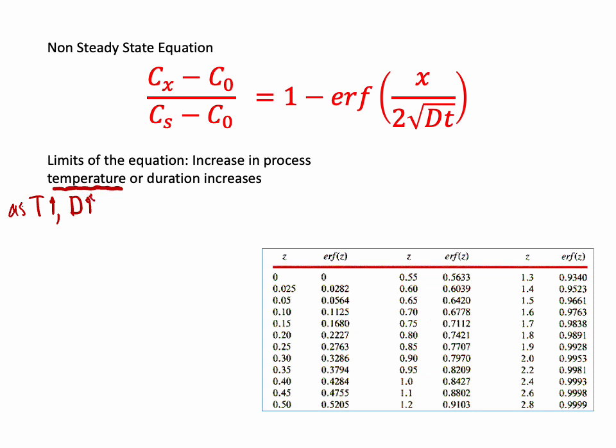And if D increases, then the denominator 2 square root Dt must increase, right? And as 2 square root Dt increases, then x over 2 square root Dt must decrease. Yeah?